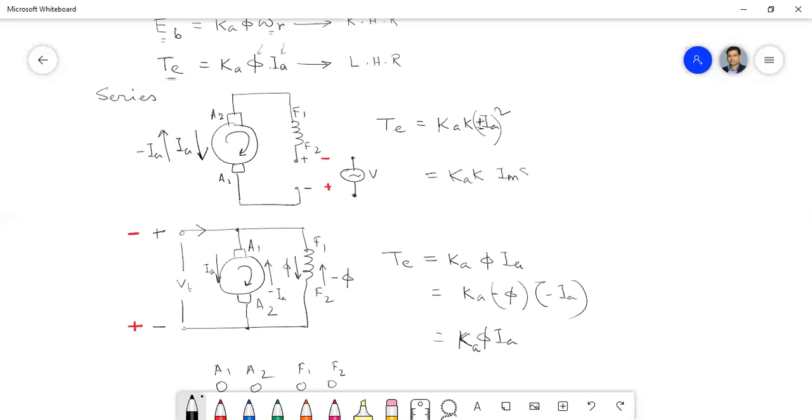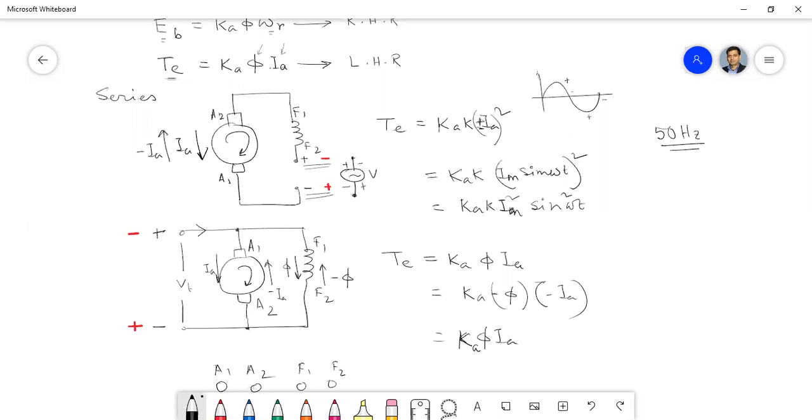Again, if we write by this expression, then we can get this sine square omega t. So that also will give me some finite positive value. So that means in the same direction the machine will rotate, but the speed will be lesser than the speed at an equivalent DC voltage. That we can say.